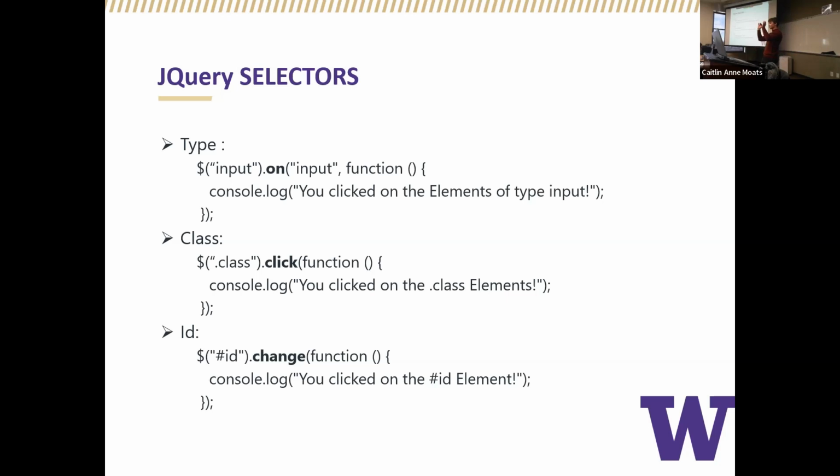A class usually has multiple elements. The most specific is ID. Usually an ID is unique to each element. And it's hashtag ID. So for example, if you have welcome page login, it's going to be hashtag welcome page login. And it's going to be specifically this login, this button, this element. It's not going to affect anything else unless you have repeating IDs, which you shouldn't. IDs should be individual.